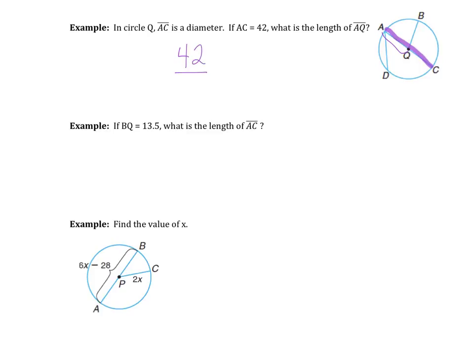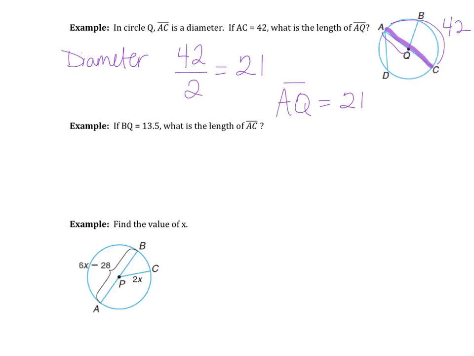So if I know the diameter, we're going to divide that by 2, so my radius is 21. So segment AQ is equal to 21. Again, that's half of the diameter. If I know that whole thing is 42, half of it would be 21.